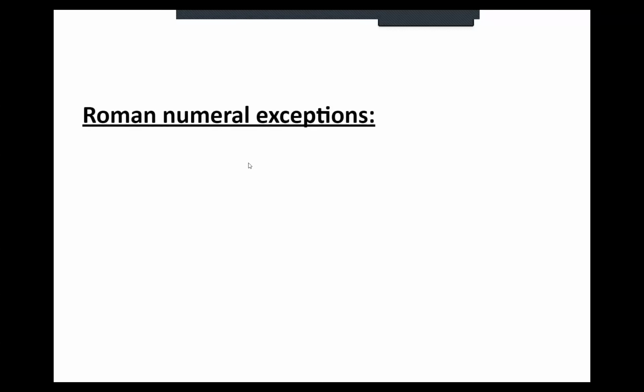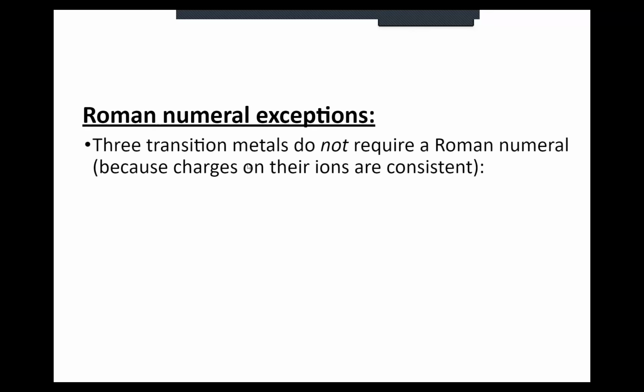Okay, one other thing that's important to remember are those 3 transition metals that are with a stable charge. So generally speaking, we have to give a Roman numeral when we encounter a transition metal in the name of a compound.